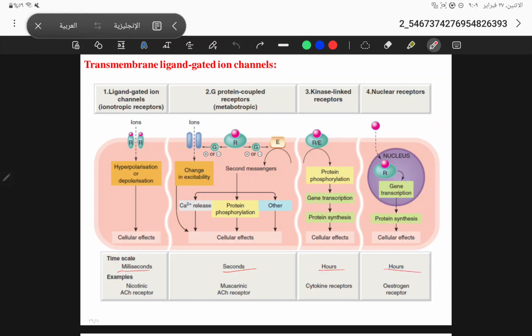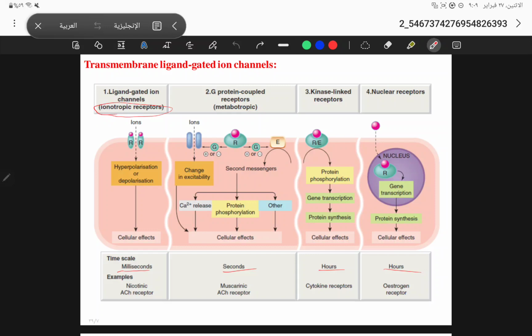We will come back later to talk more about receptors. Considering ligand-gated ion channels, which we called ionotropic receptors, once the drug binds to the receptor, ions will pass inside the cell. We said the process is that positive charge increases inside the cell and we get depolarization.